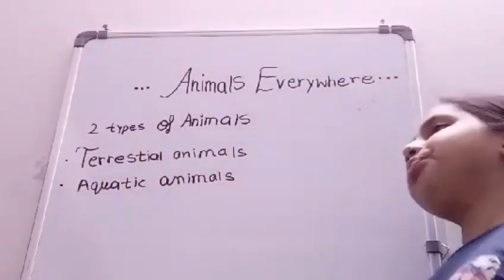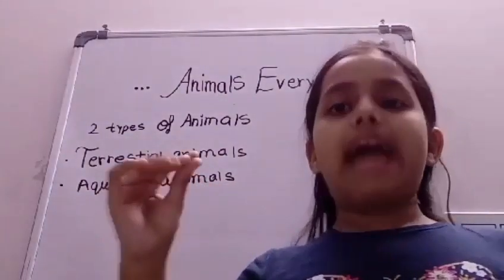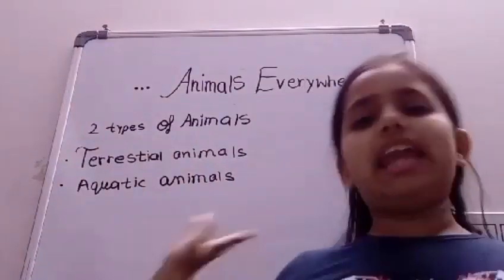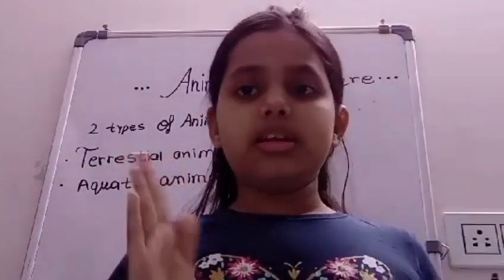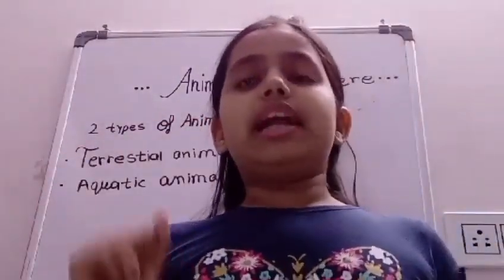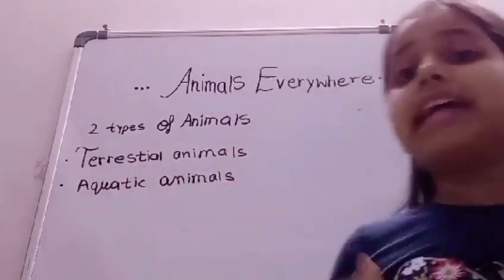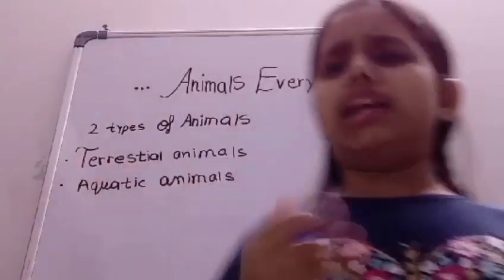Okay, now terrestrial animals are the animals which live on land. There are many animals which live on land. For example, penguins have both, so we will not count them. Let's say dogs, cats, pandas, tigers, lions.